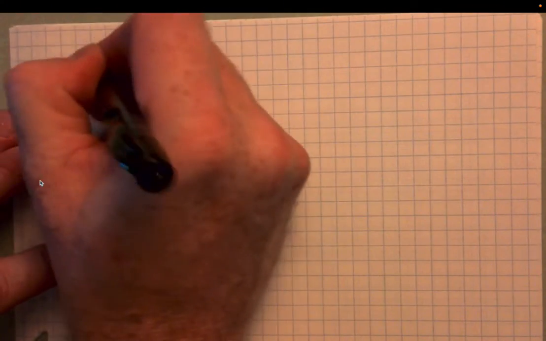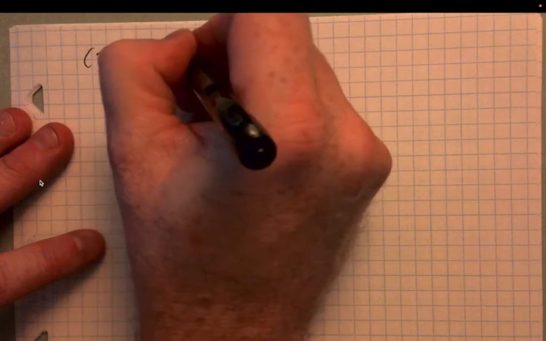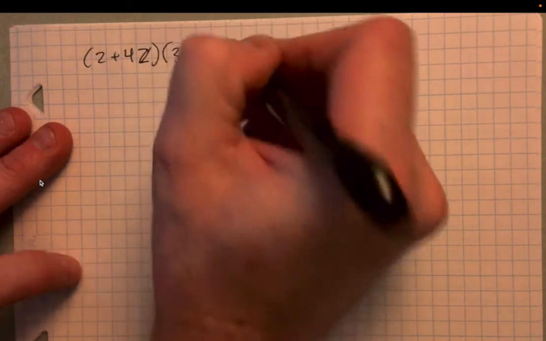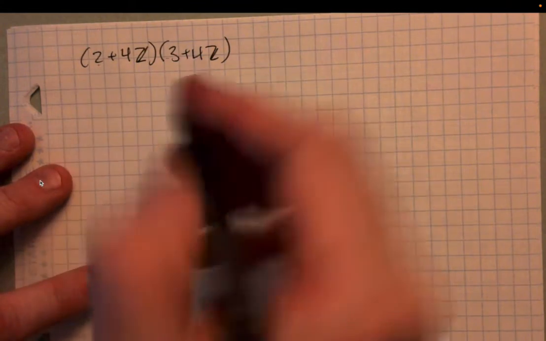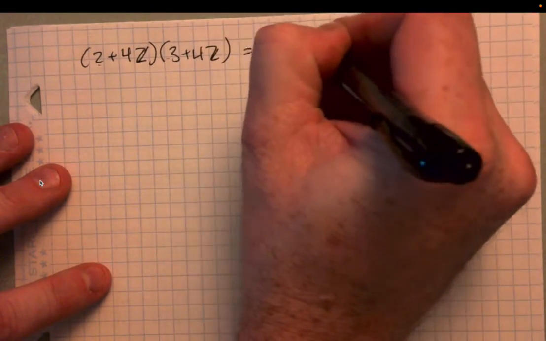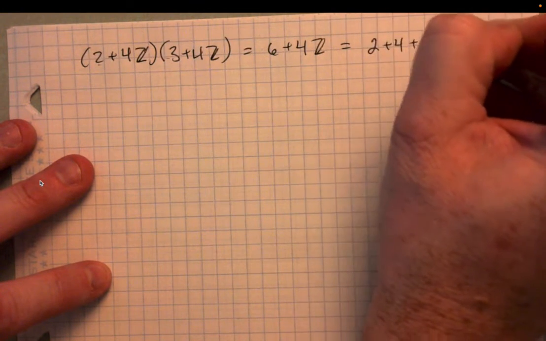What about with multiplication? If I multiply these same two cosets, 2 plus 4Z times 3 plus 4Z, well, what I should be able to do then is multiply the front two here, and I get 6 plus 4Z. Well, same as before, this is really 2 plus 4 plus 4Z.